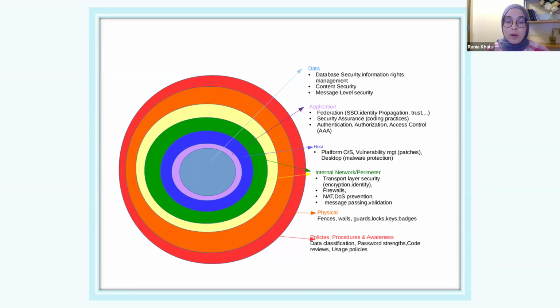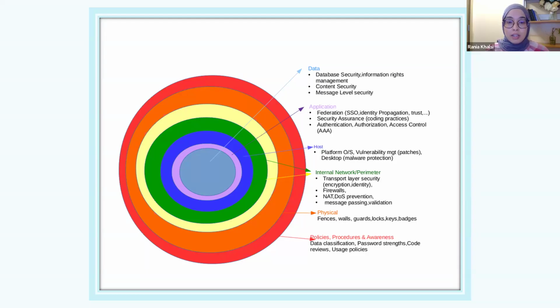DOS. Then we also have, in blue, the host layer, okay, which focuses mainly on operating systems, patching, malware detection, protection, and so on.